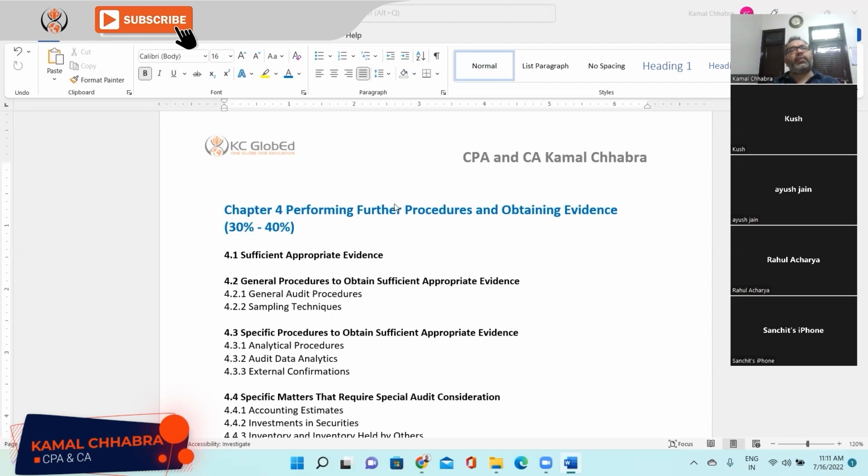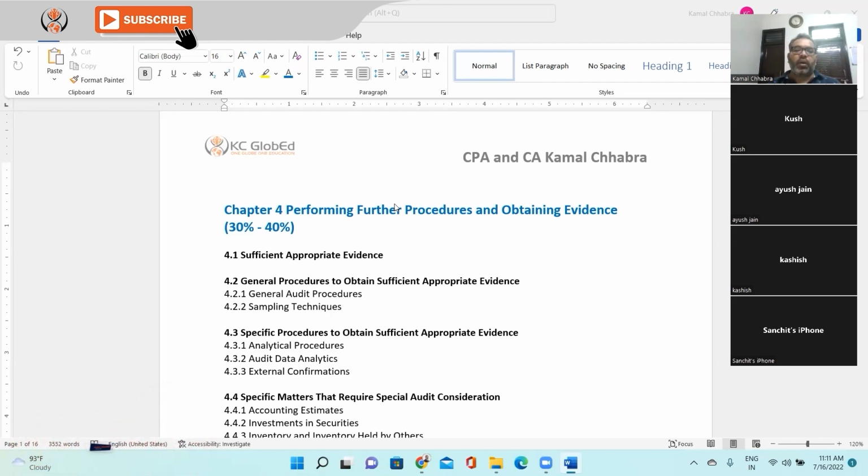Because in this chapter, we'll be going through the end-to-end audit, the complete execution piece of the audit. A new topic which has been added for your exam is audit data analytics. Data analytics is now part of the audit subject, and it will be tested in your exam because they have added it this year.